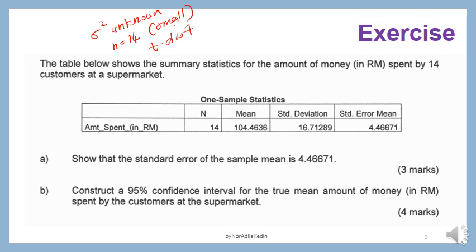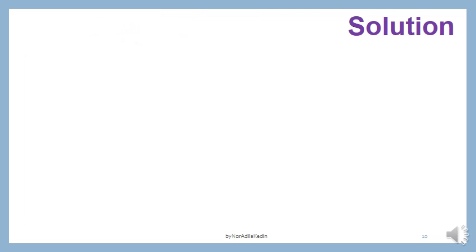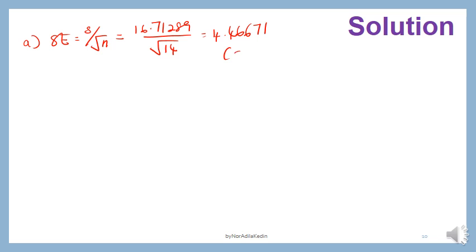It asks you to show that the standard error is sigma over root N. We don't have sigma, so we estimate using S over root N. So A, standard error equals S over root N, which is 16.71289 divided by root 14. So 4.46671, shown.